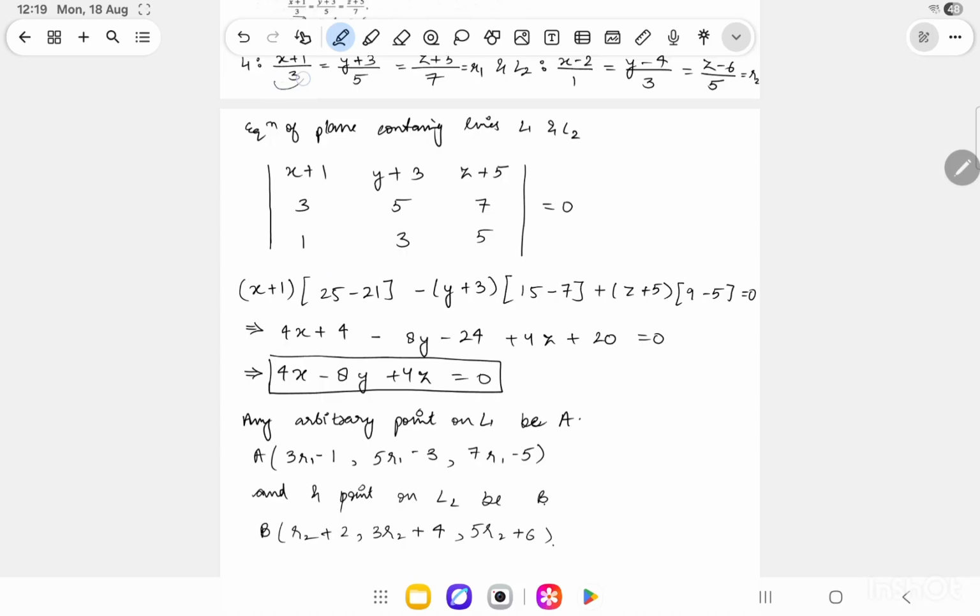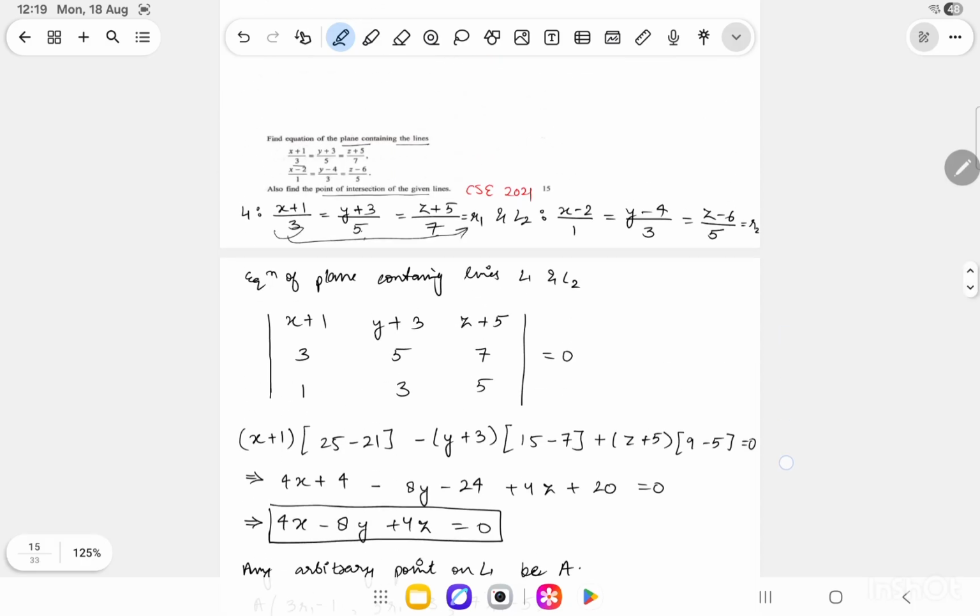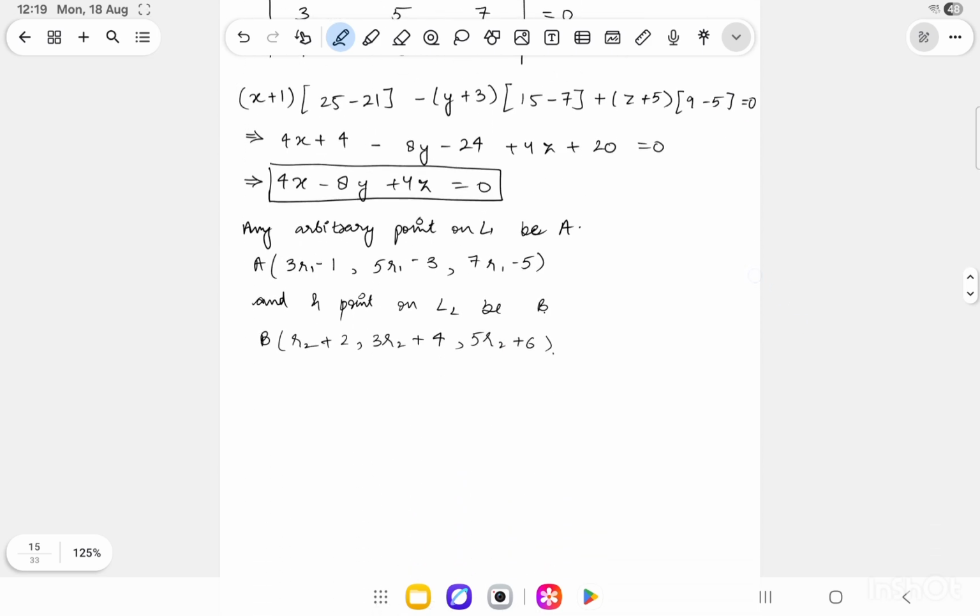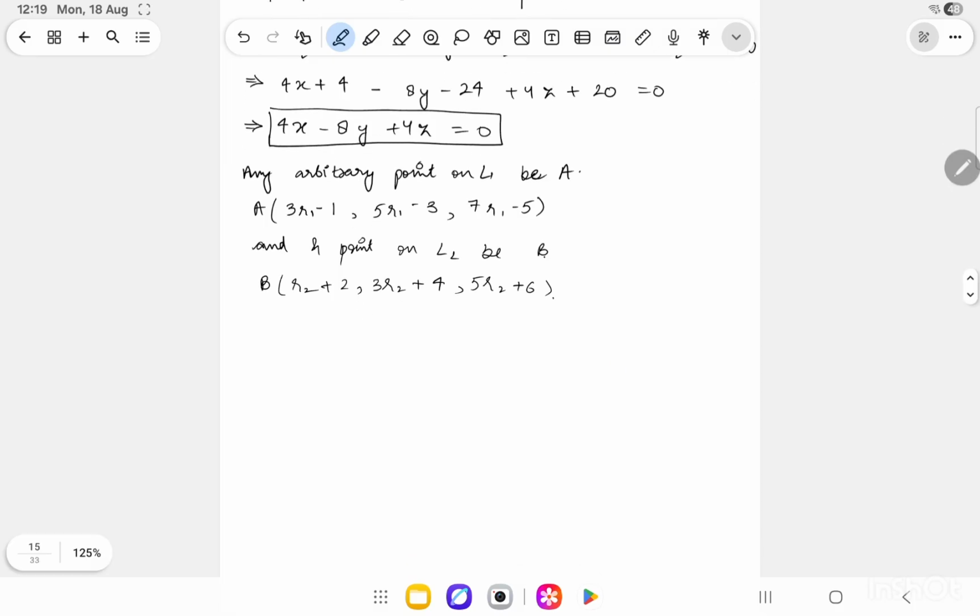Like first I equated this one with R1, then I got x. Likewise for this and this. If these two lines are intersecting, then there will be at least one common point between them. Since we have assumed A and B to be arbitrary points on lines L1 and L2, there must exist some values of R1 and R2 where these two points are equal.